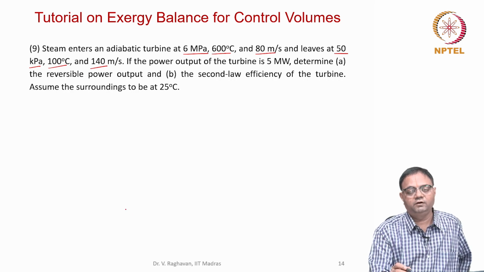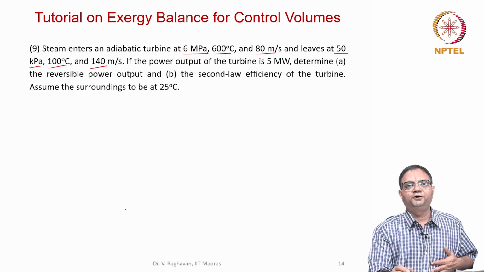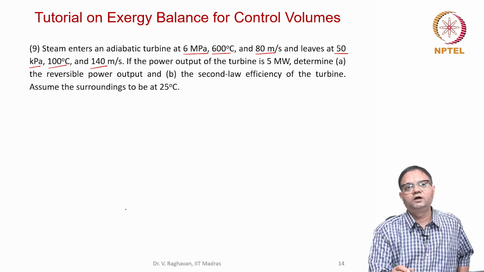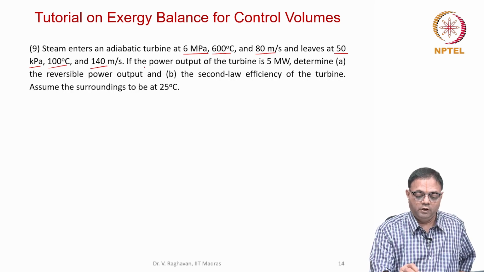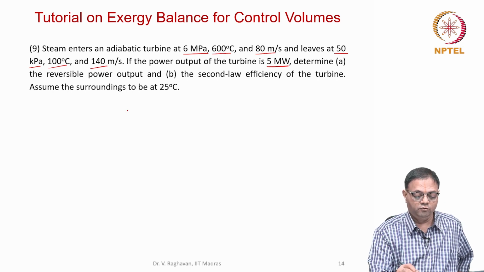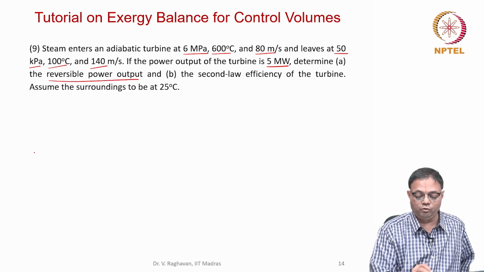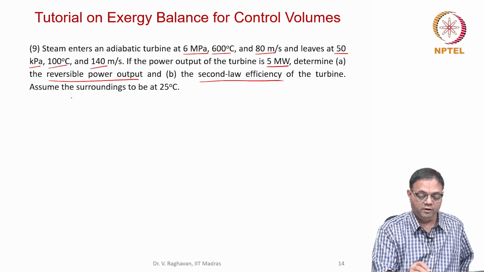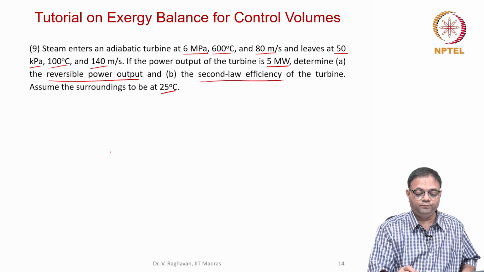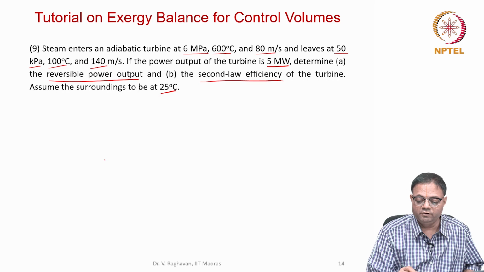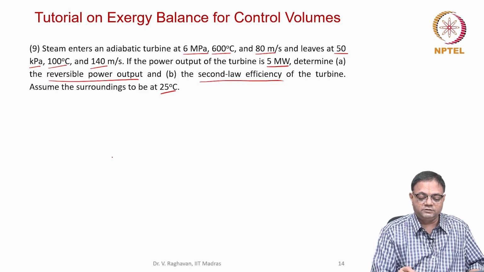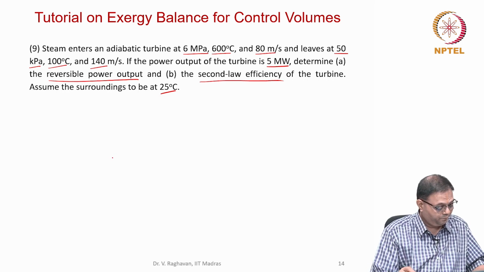Since the velocity is given, it is implied that the kinetic energy change has to be included. Power output of the turbine is also given as 5 megawatts. Determine the reversible power output and second law efficiency, assuming that the surroundings are at 25 degrees centigrade. Potential energy change can be neglected.